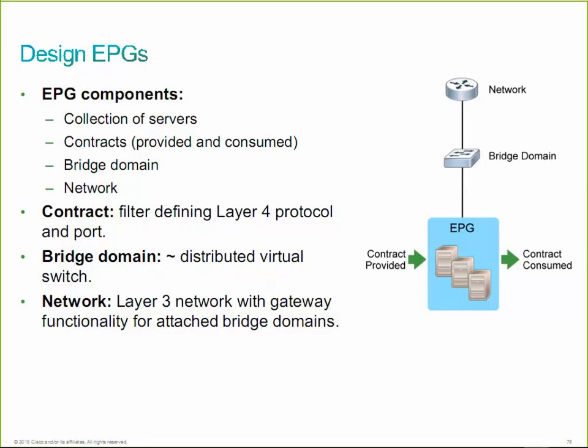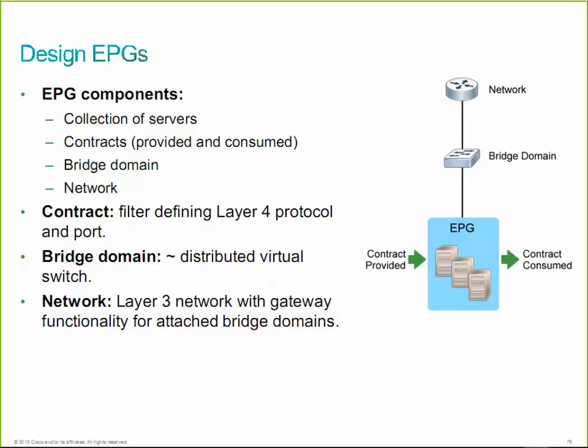An application network profile, ANP. It's not listed on the slide here, but it's a very important concept, particularly when we're talking about the EPG components, the contracts, the bridge domains, and the network function.